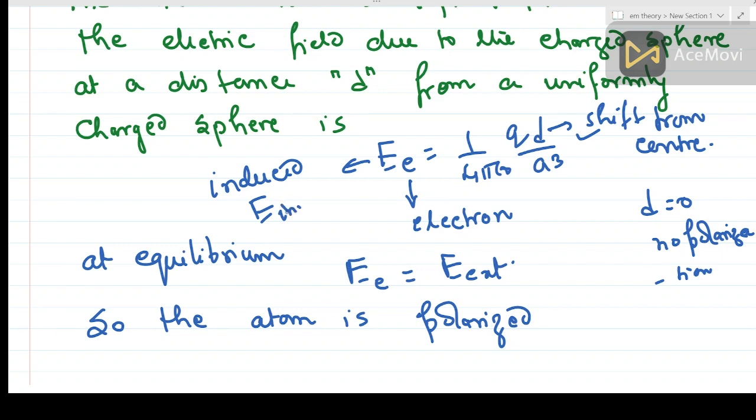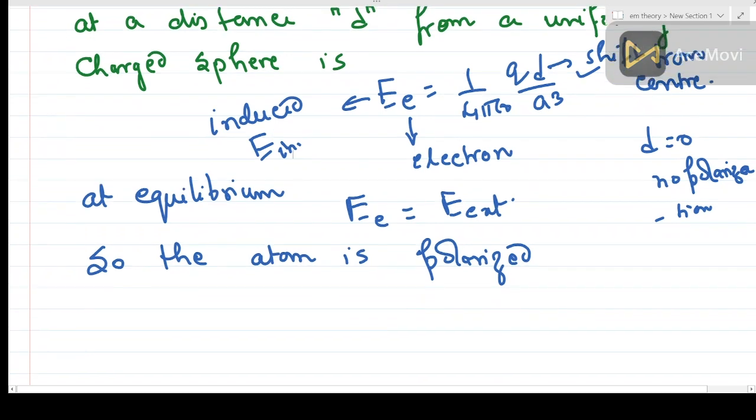Because of this non-zero value of d, there is a polarization, and at equilibrium these two fields balance each other. So what happens at E external? You can write this expression: 1 upon 4 pi epsilon naught, Qd upon a cube.